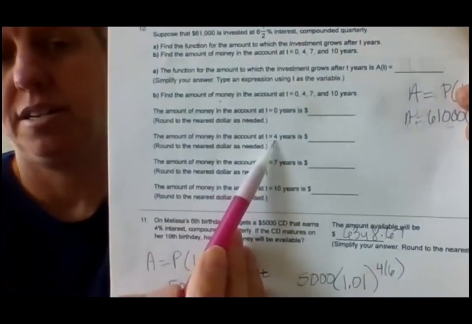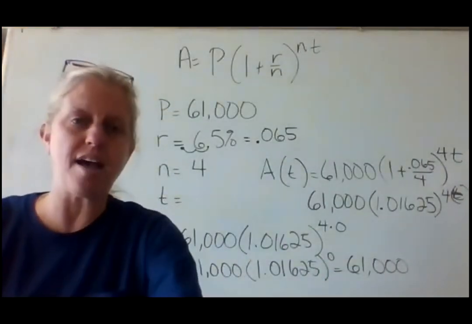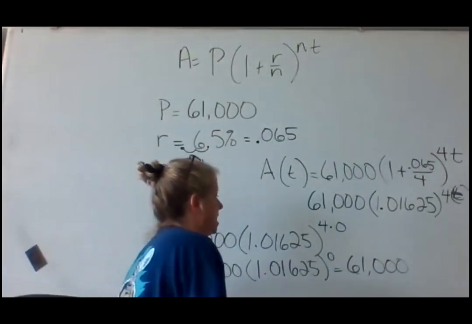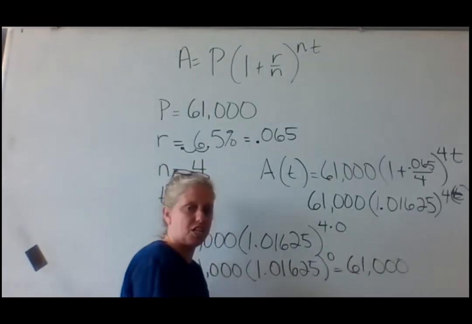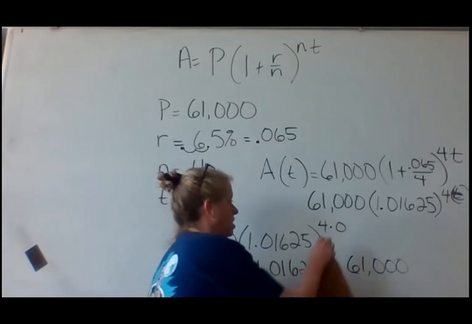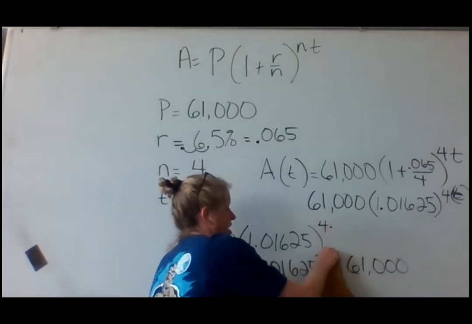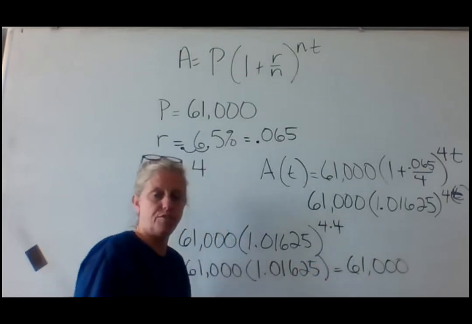The next one, 4 years. So remember, I'm using the same formula that I came up with at the very beginning. The only thing that's changing is the number that's in the t position. This time I want it to be 4 years. So I'm just changing that 0 to 4 years.